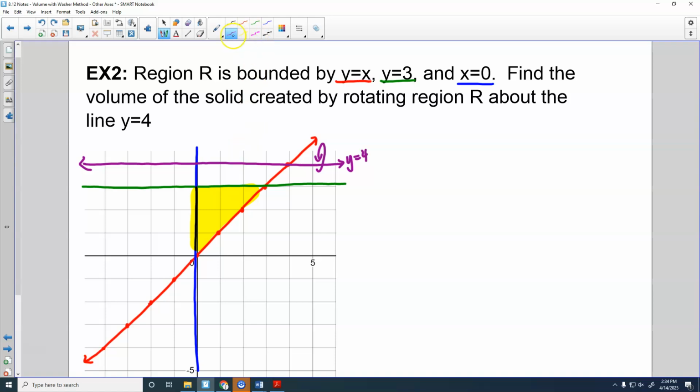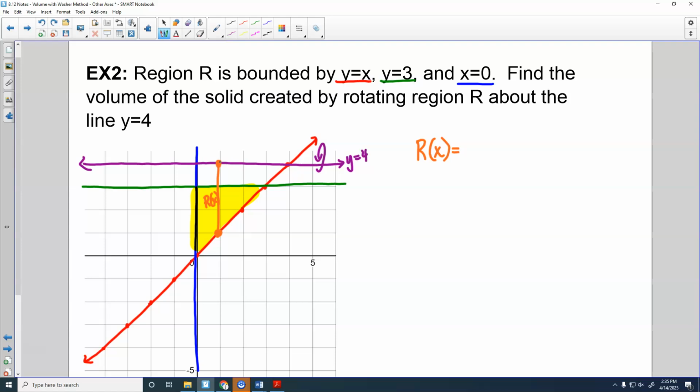So in this case, when we're doing our capital R, you want to start at the line you're rotating around. Make sure it's not the X or Y axis in this case. Line you're rotating around, go out to the furthest point on the region that you're looking at. That is your capital R of X. And so when I'm writing my equation for capital R of X, I want to think about what function my R of X hits at the top.